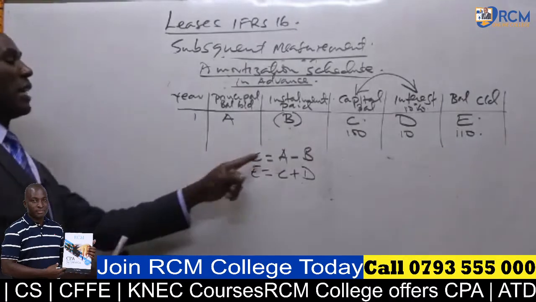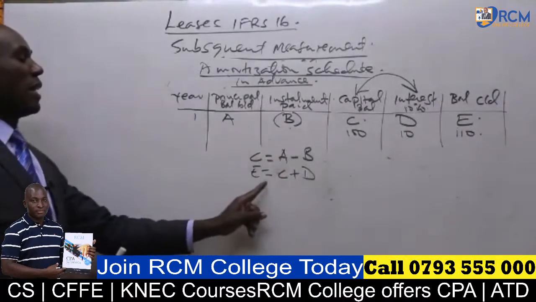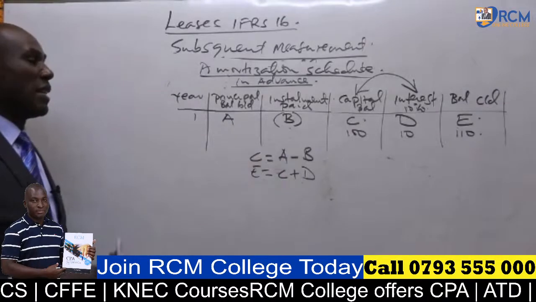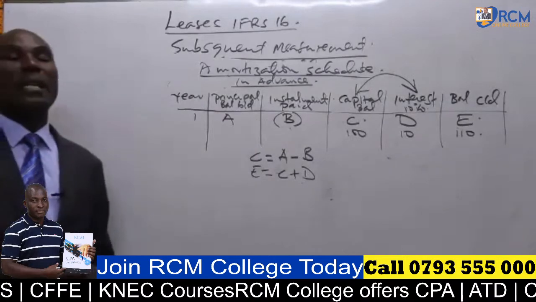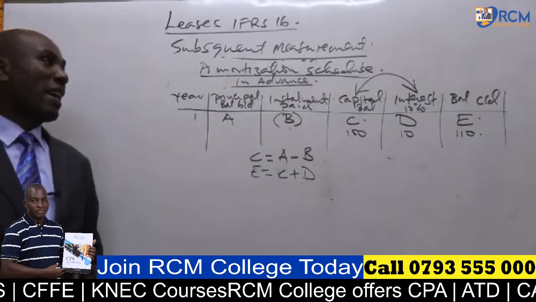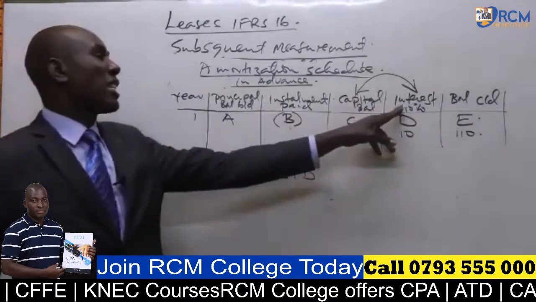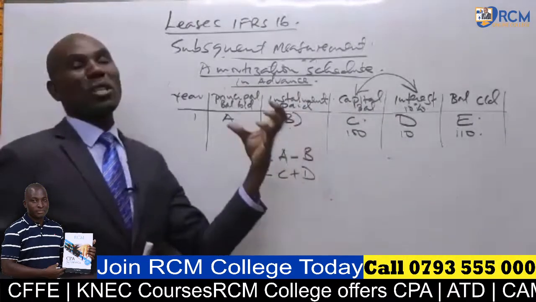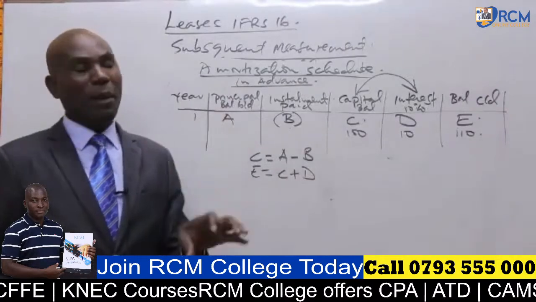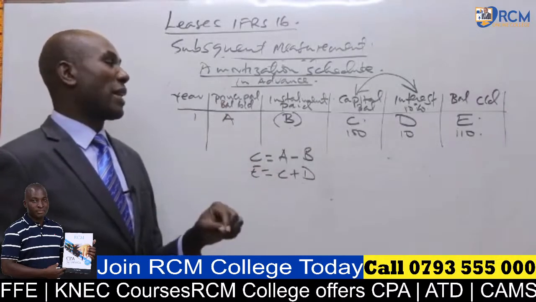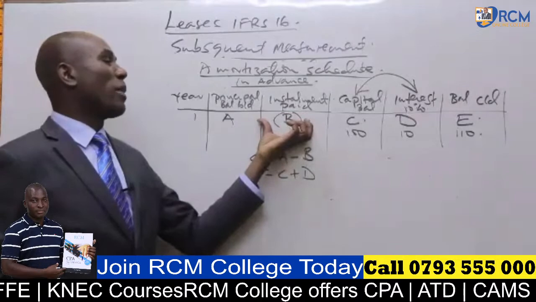Therefore, C is A minus B. Then E is C plus D. That is if installments are made in advance, because I cannot charge this interest on the installment because I'm paying in January. For example, I'm ending the year in December, I'm charging the interest on January, and I'm paying the installment on January.